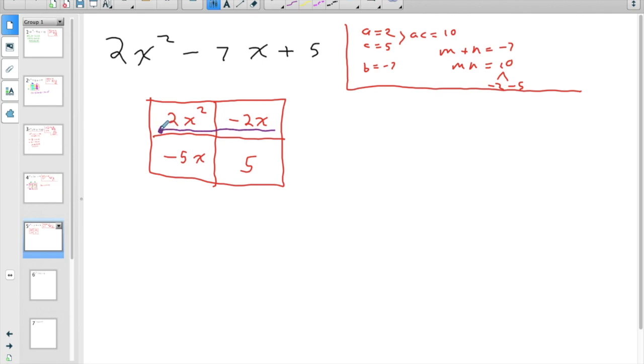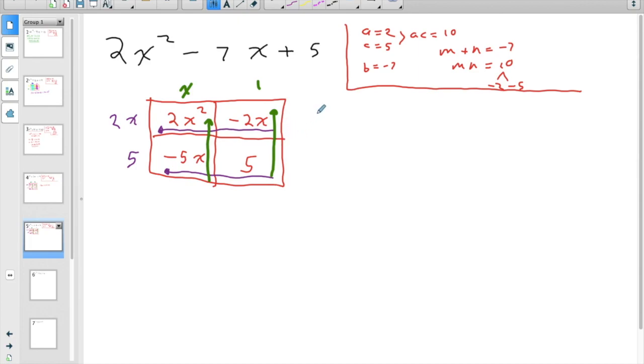I look at what are the common factors of those. Well, that would be a 2 and an x. I'm going to do the same thing here. What is the common factor of these two? It's a 5. We'll do the same thing going up and down. I look at these two. The common factor is an x. And I look at these two. And the common factor is a 1.